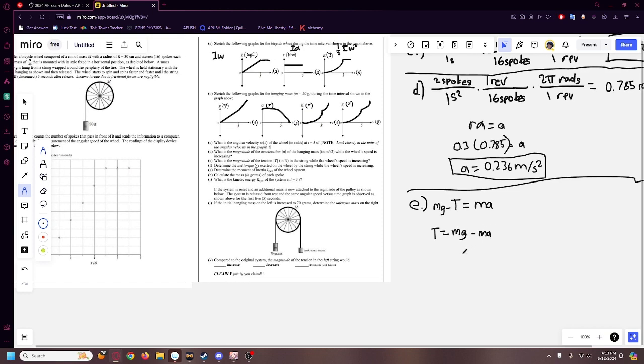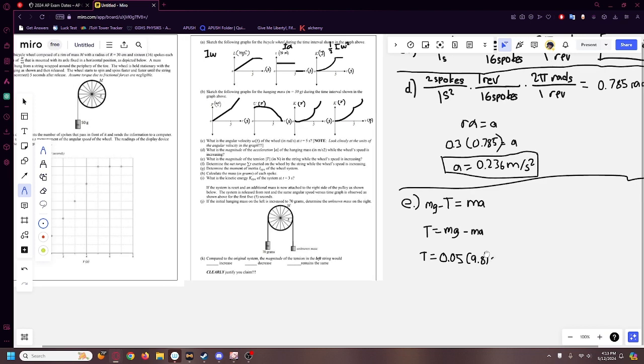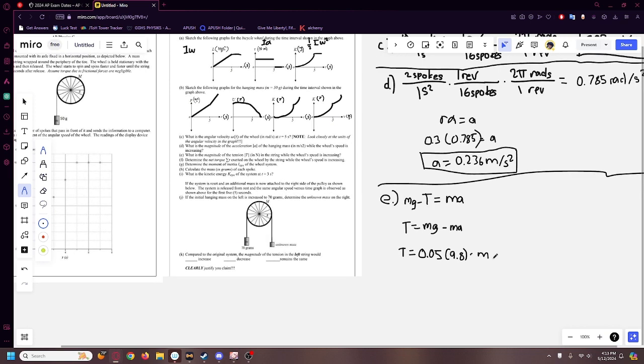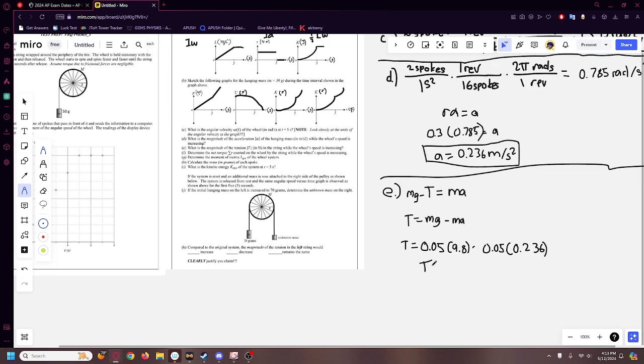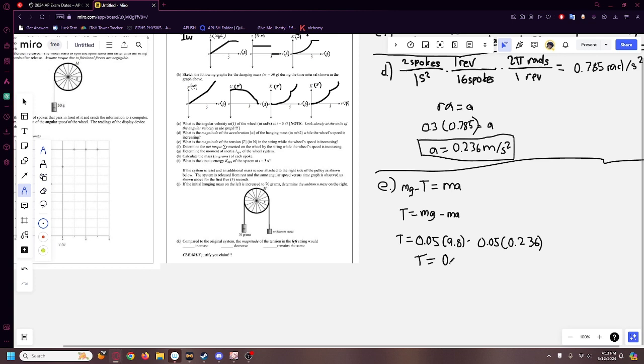M is given to be 50 grams, which is 0.05 kilograms. Gravity is 9.8. And then acceleration is 0.236. And T is equal to 0.478 newtons.